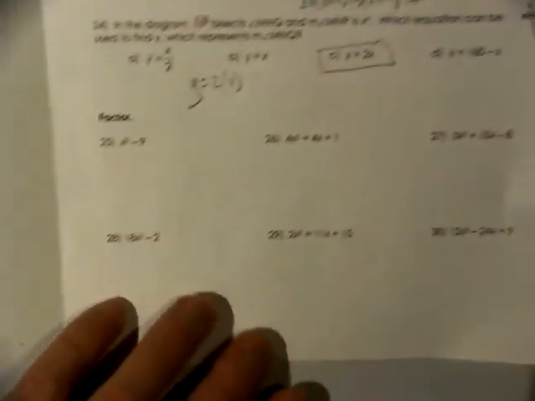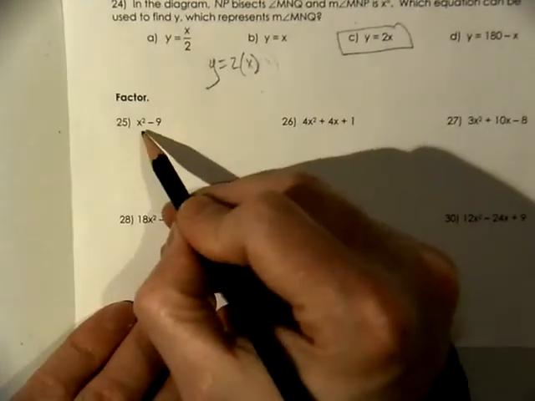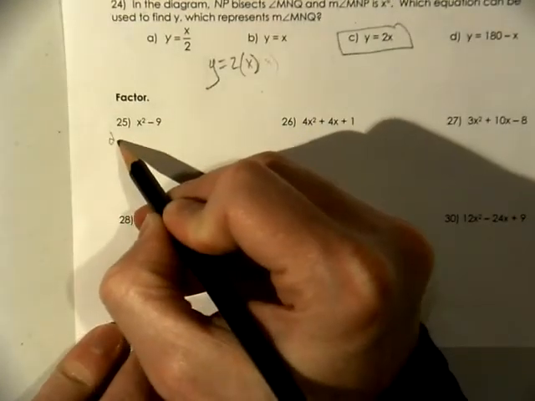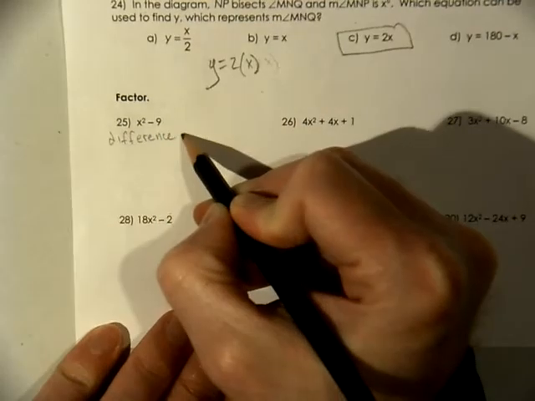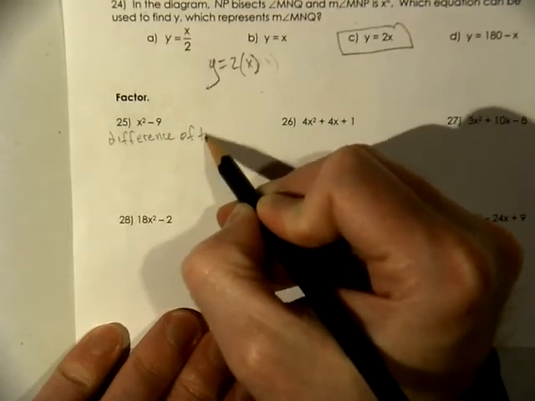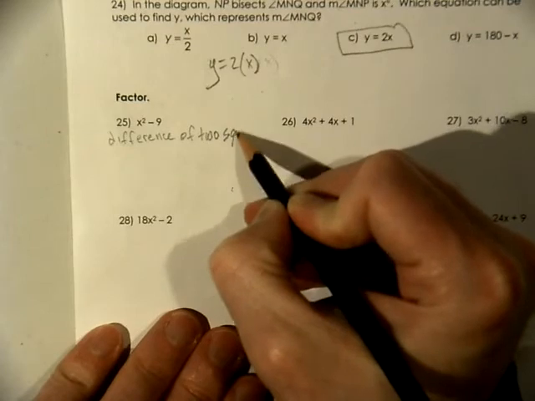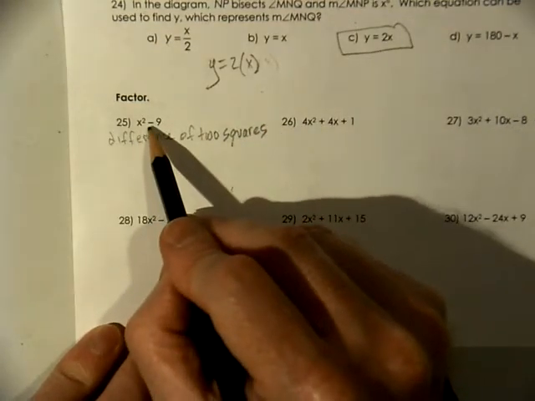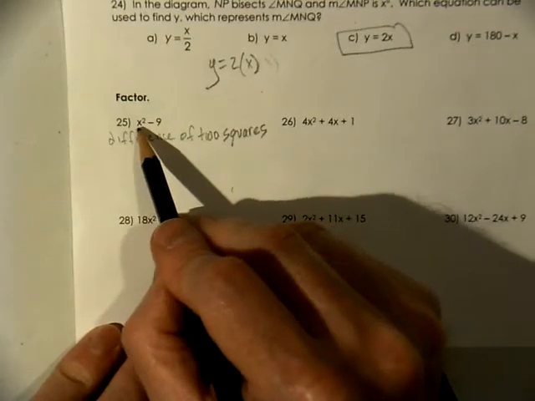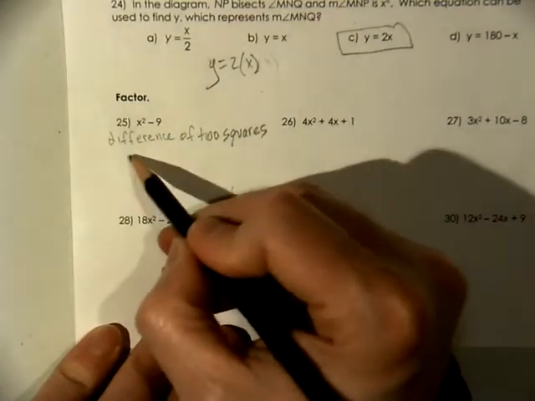Now we'll factor. This is the difference of 2 squares. We know it's the difference because it's minus. We know it's the 2 squares because you can take the square root of both of those.